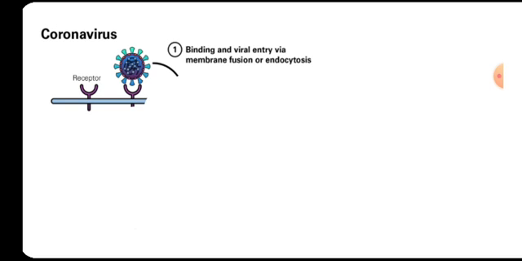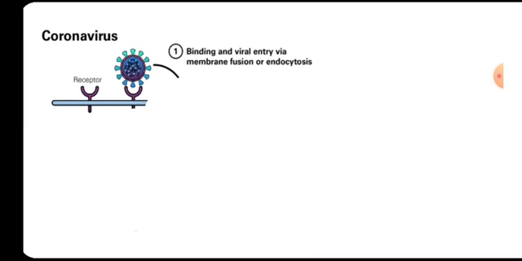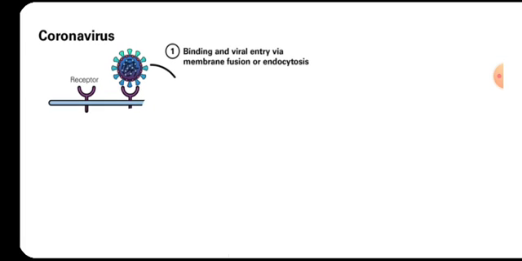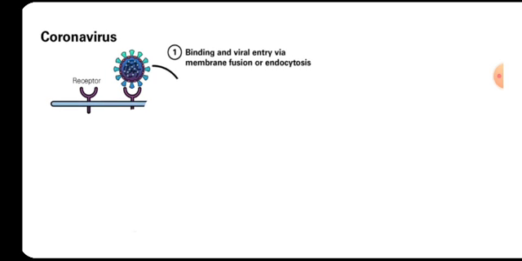So for this virus, the first step is binding of the virus and viral entry via membrane fusion or endocytosis. Endocytosis means the whole receptor-virus complex, along with the cell membrane, is taken inside the cytoplasm.